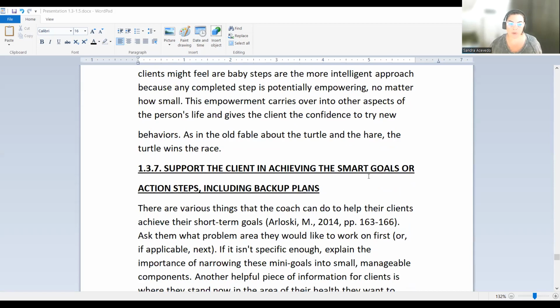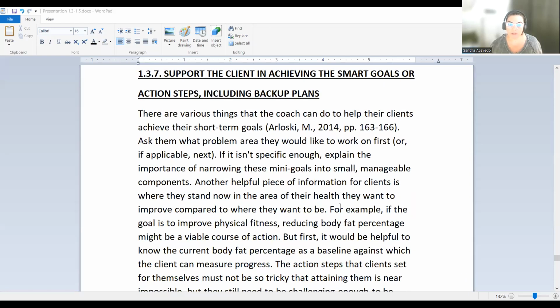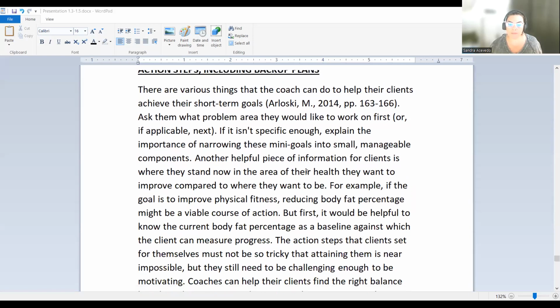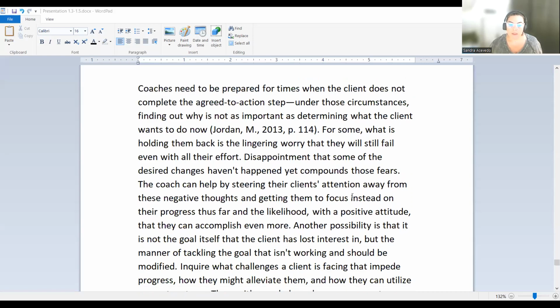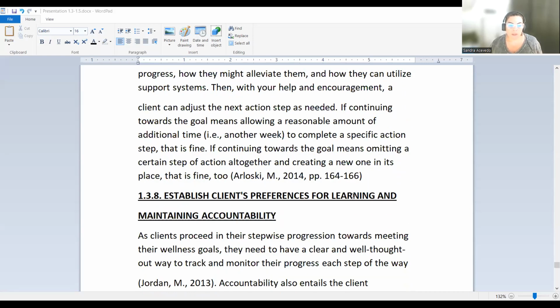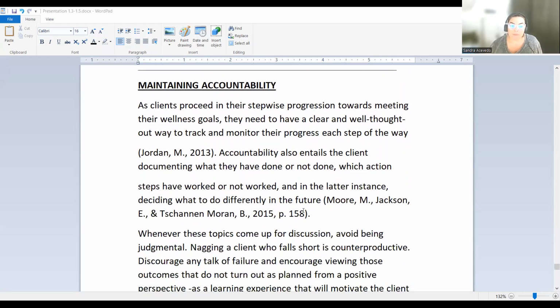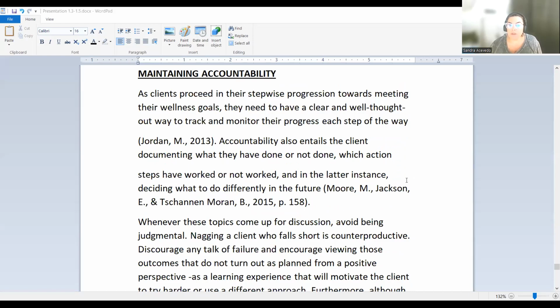So 1.3.7 is support the client in achieving the SMART goals or action steps, including backup plans. There are various things the coach can do to help the client, and then adjusting your action steps as needed. And then 1.3.8 is establish clients' preferences for learning and maintaining accountability. As clients proceed in their stepwise progression towards meeting their wellness goals, they need to have a clear and well thought out way to track and monitor their progress each step of the way.